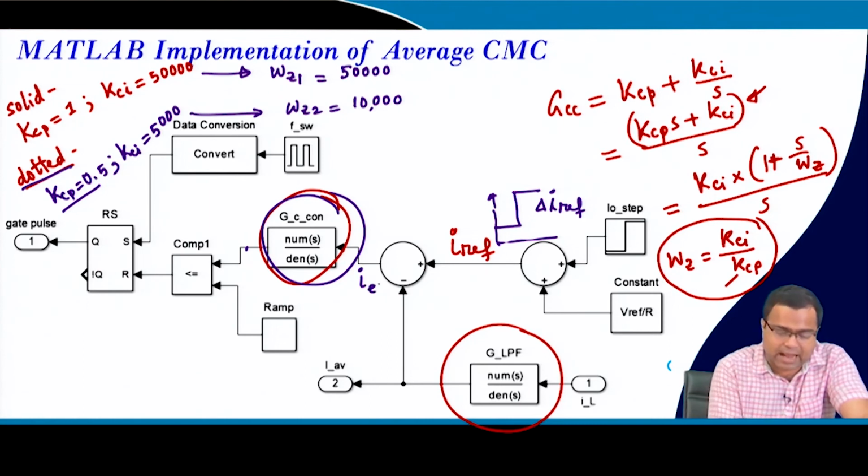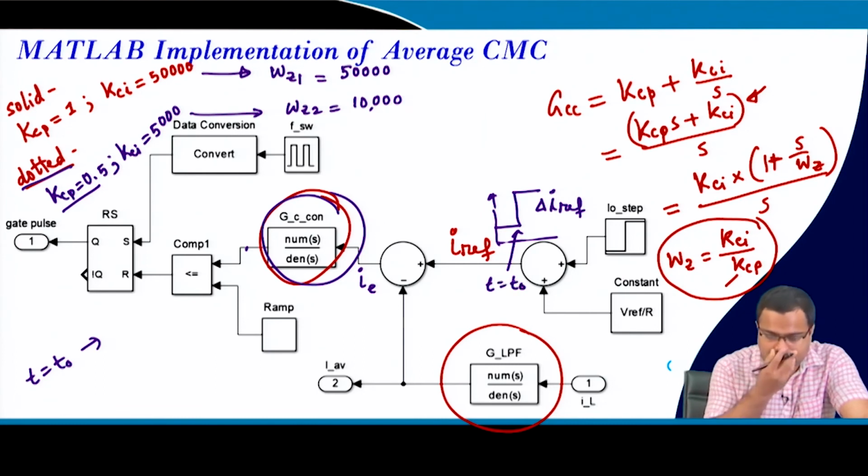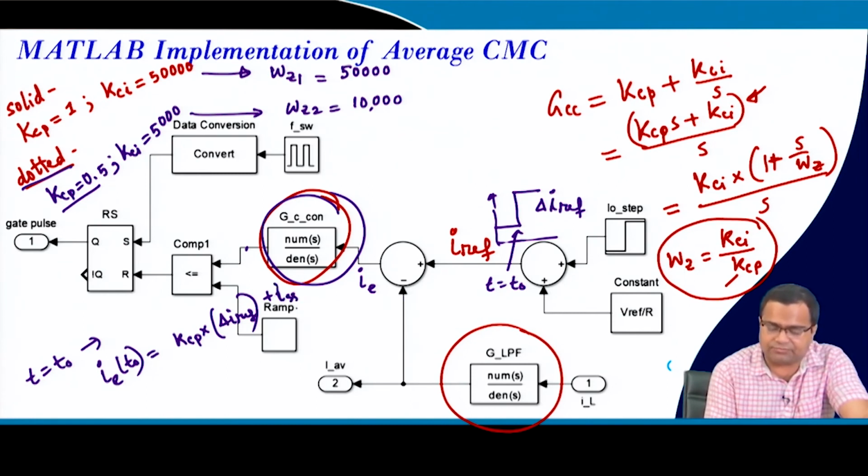So, let us say at t equal to t0, if I take IE at t equal to t0, there will be an immediate jump, that means there will be KCP into that delta IREF jump, plus its earlier steady state value.